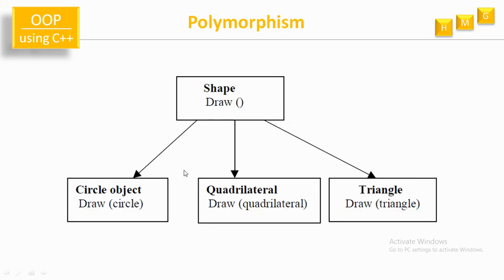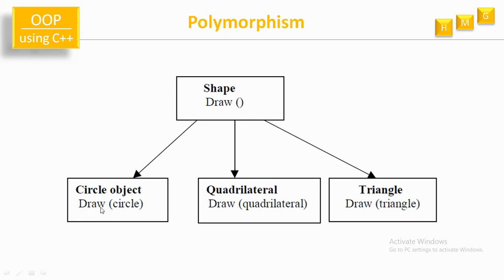Here there is a class shape having the function draw. So the draw function is used to draw a particular shape. Now here there are three objects created of the type class shape: circle, quadrilateral, triangle. So these are the three objects of class shape. The circle has a draw function.